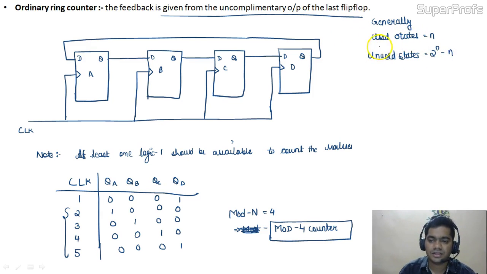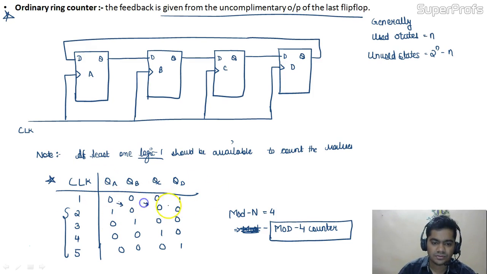So for this example, if we have 4 used states, then we have 12 unused states. So you can make all the notes for the ordinary ring counter, that is first the block diagram, then the note that at least one logic 1 should be available, and the tabular representation of the working.